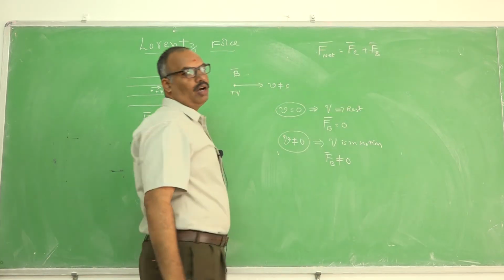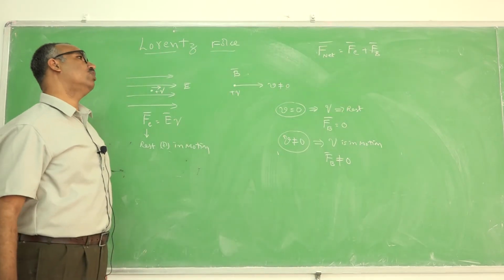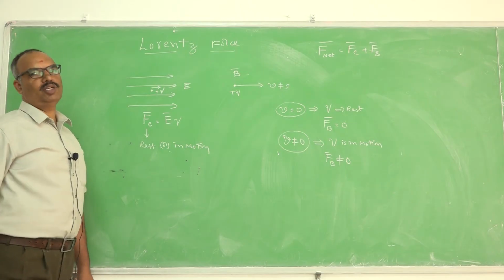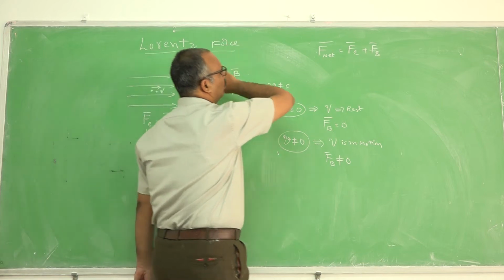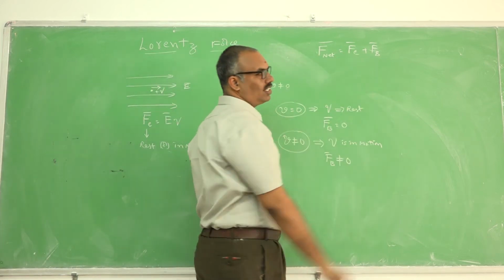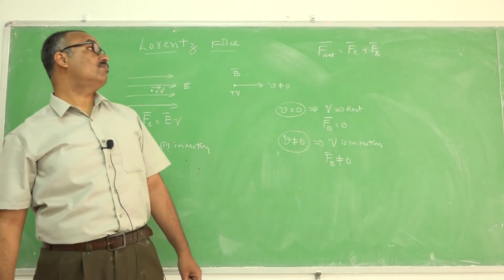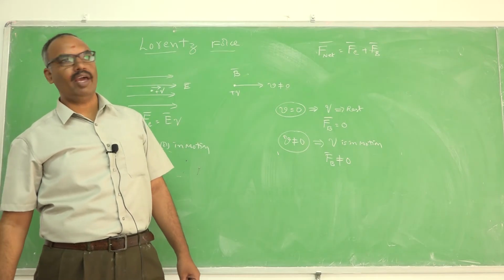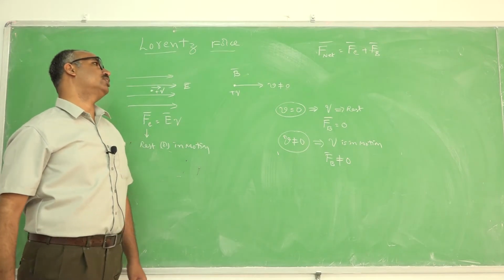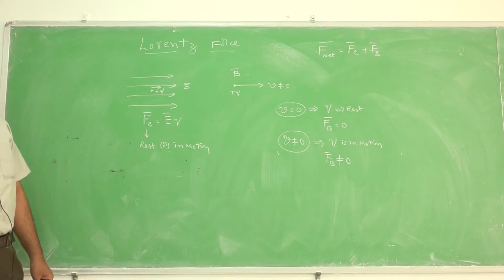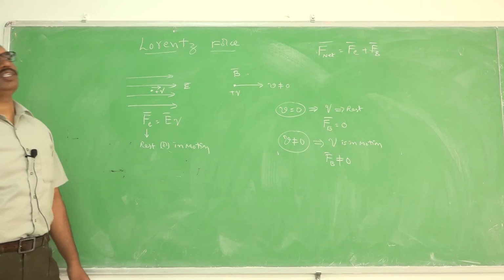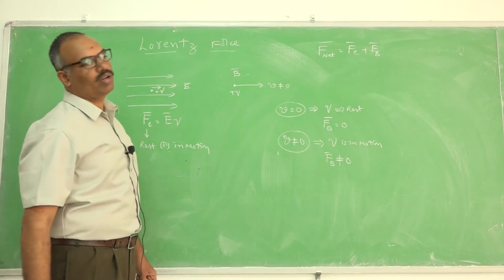The combination of the force experienced due to the electric field and the force experienced due to the magnetic field is called Lorentz force. Lorentz force is the vector sum of the forces. Directions also play an important role. The forces together provide a net force called Lorentz force.